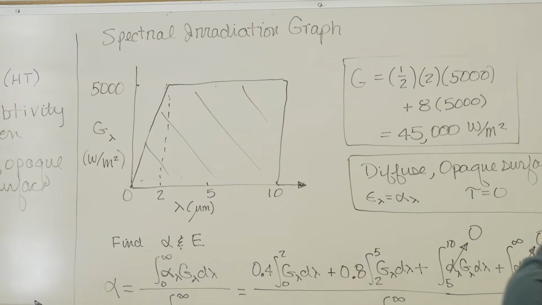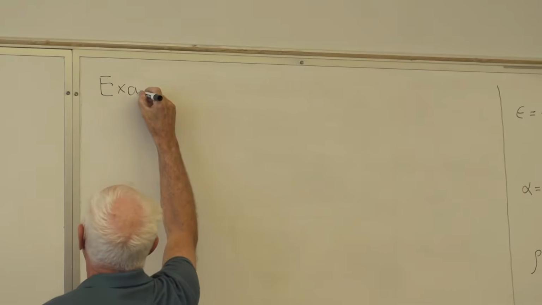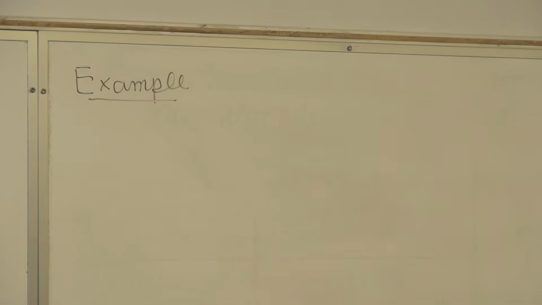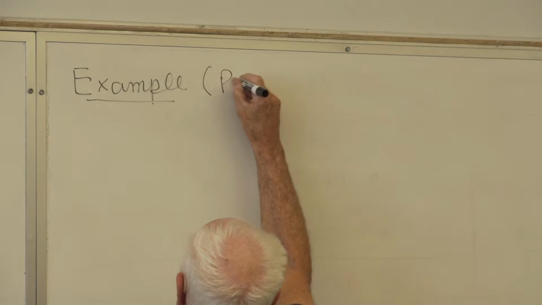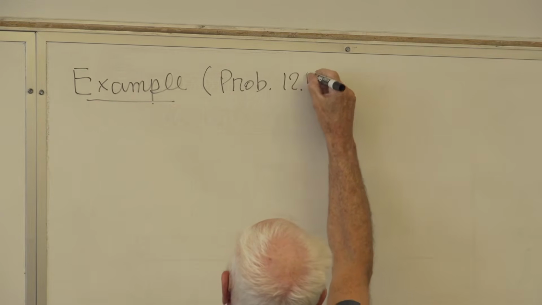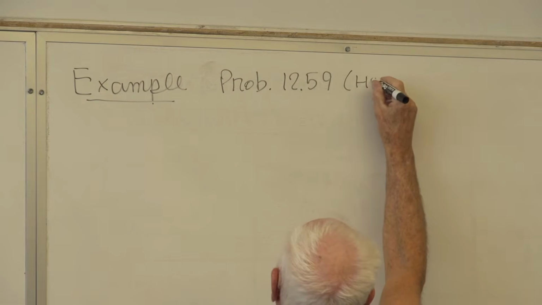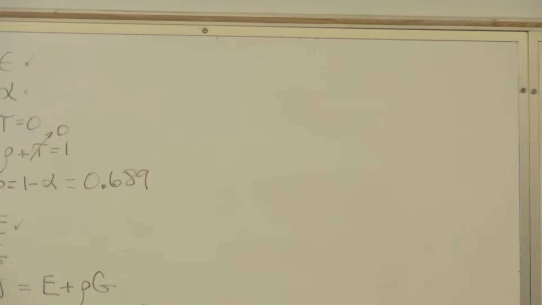Okay, any questions on that before I go on to the next problem? Okay, example. This is problem 12.59 in the heat transfer text. Now, this problem, I'll read it to you first.